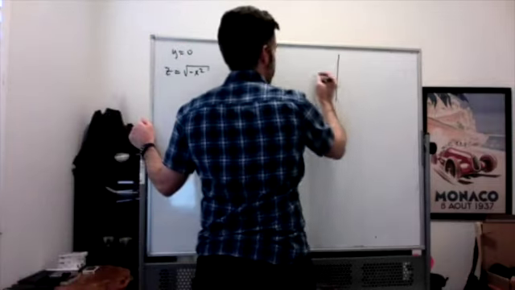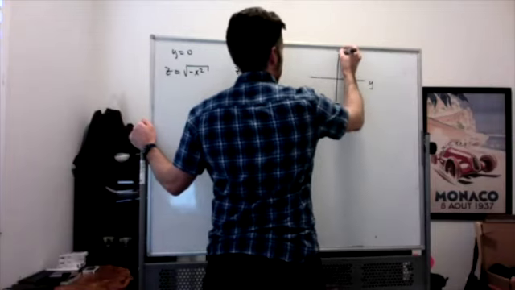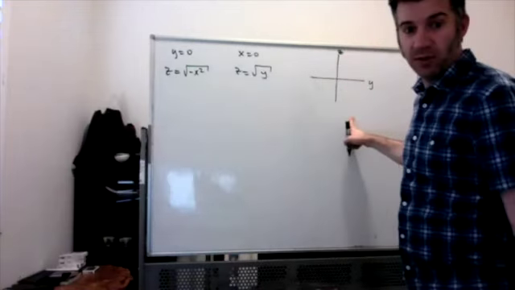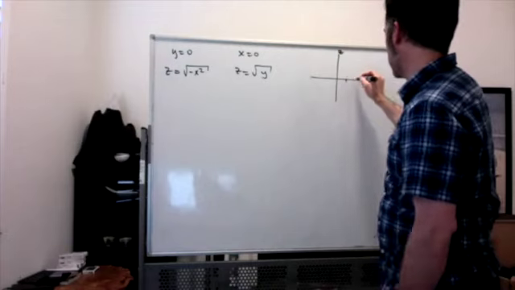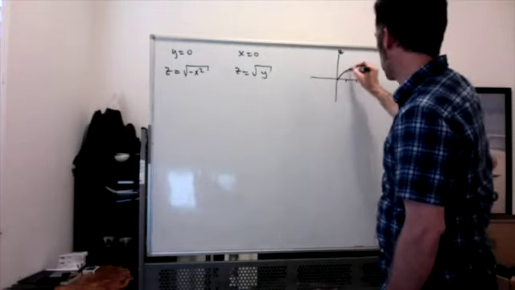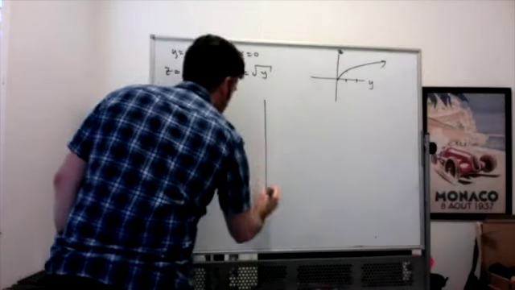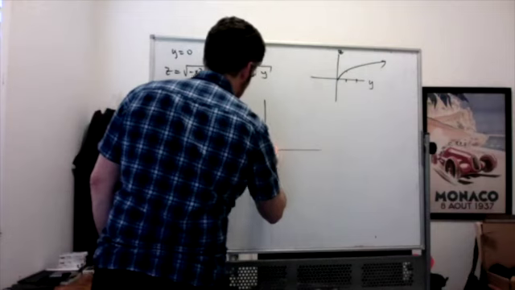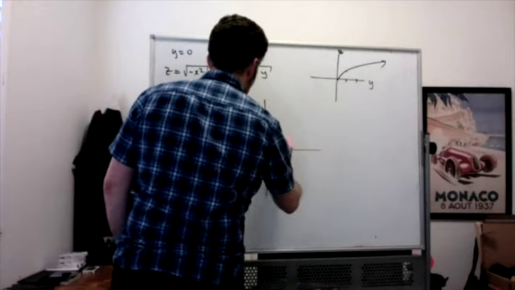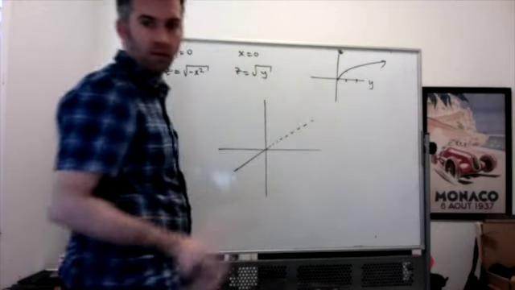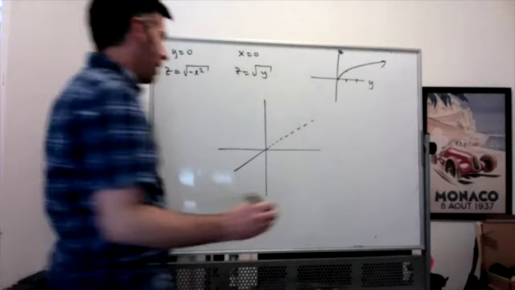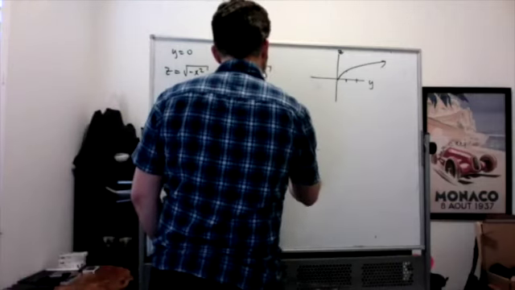So in the yz plane, you're going to get z equal to the square root of y, which is going to look like your usual square root function. Like that. All right, so let's see if we can make this work. So in the 3D kind of graph here, I'm going to draw my square root function.